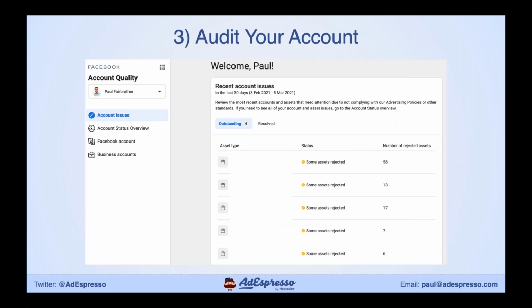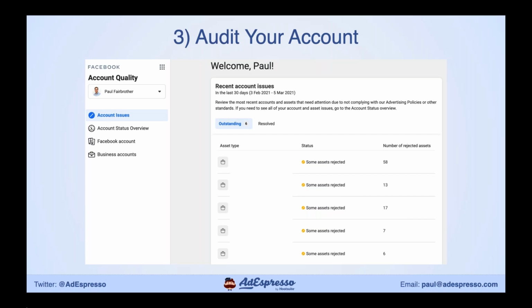So the steps that we do, we audit our account. We go into that account quality, like I say, use your 9 dots in Business Manager to find the account quality section under the menu, and go to account issues. What issues are they finding? Have they got a problem with your ad accounts, your catalogs, anything like that? Are loads of ads getting rejected?